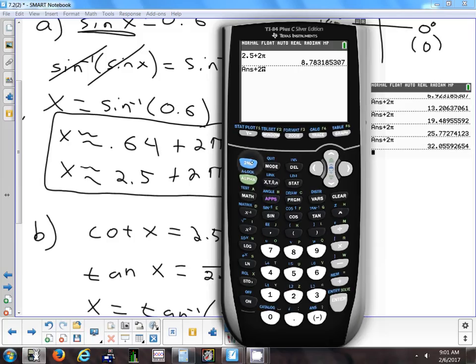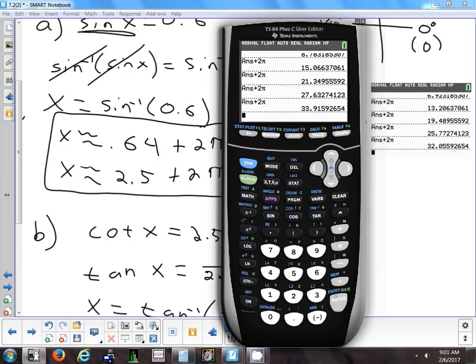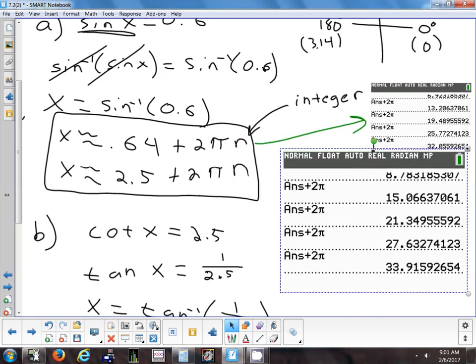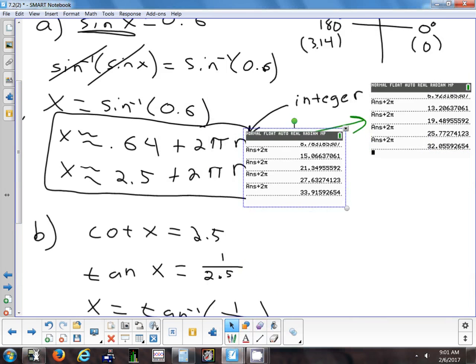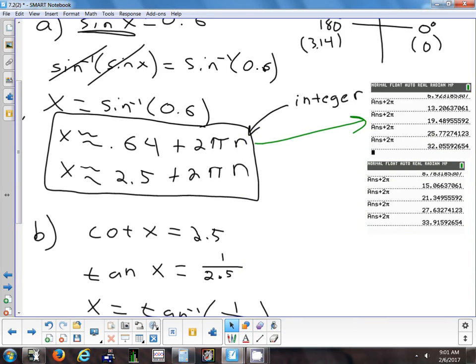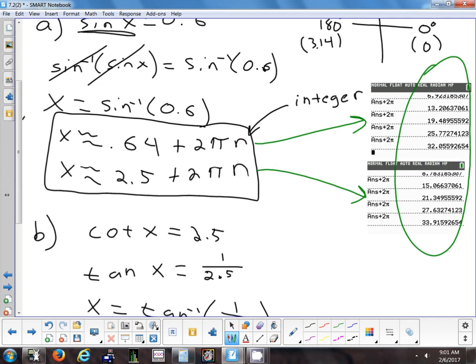Let's add 2 pi again, and again, and again, and again. So look at the answers that I got here. Are they repeats? Or are they different? They're different. So the answers that I got from those two equations are unique answers. Everyone agrees with that? These are all unique.